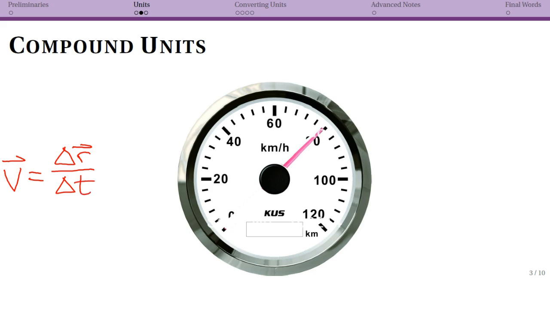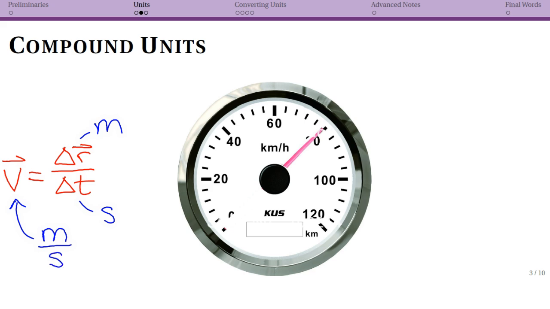So this is going to be one way of just defining velocity. Now in this case, these are going to have units. Usually we're going to have units of meters for our displacement and seconds for time, which means that the units that we will get for this velocity vector is meters per second.